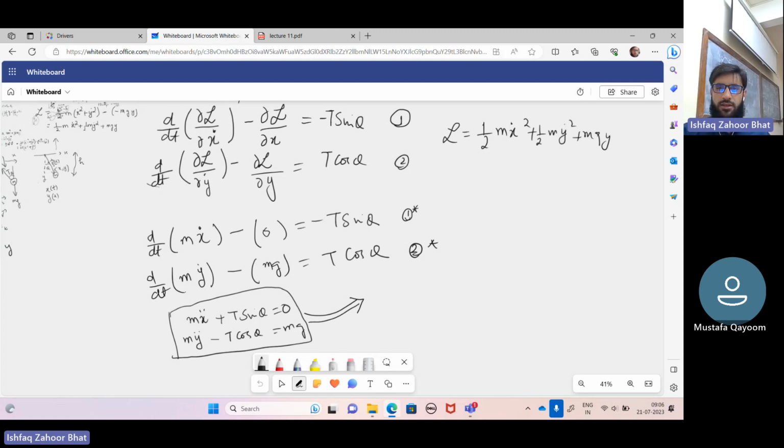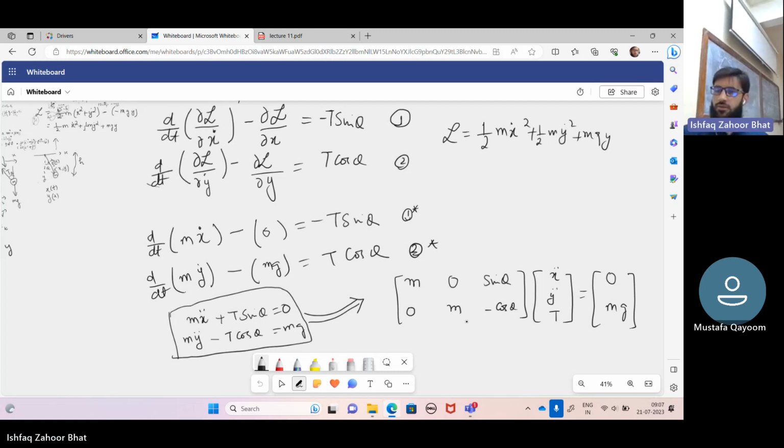We can write it as m, 0, and sine theta, and this as 0, m, and minus cos theta, multiplying x double dot, y double dot and t, equal to 0 and mg.